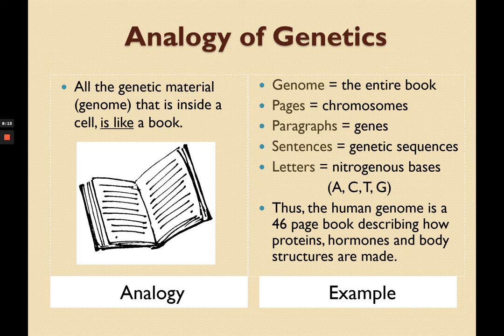But in genetics, the sequence itself is only made up of 4 repeating letters, A, C, T, and G, which represent your nitrogenous bases. So when you compare the human genome to a book, you basically have this instruction manual in terms of how to build a proper human.